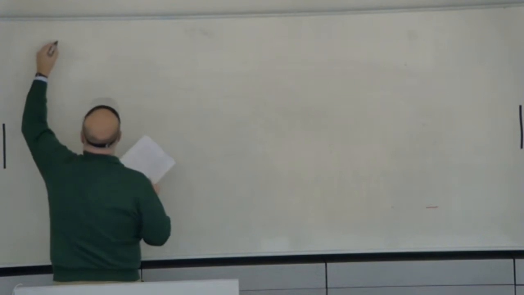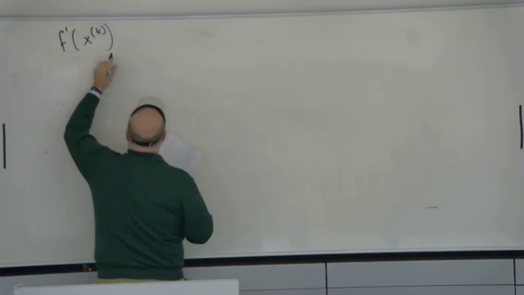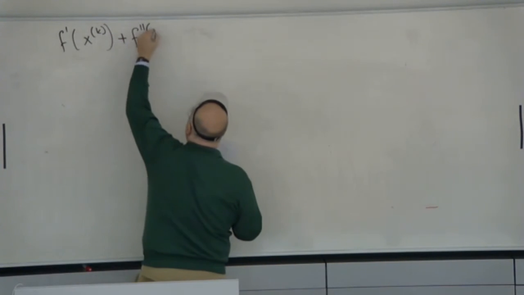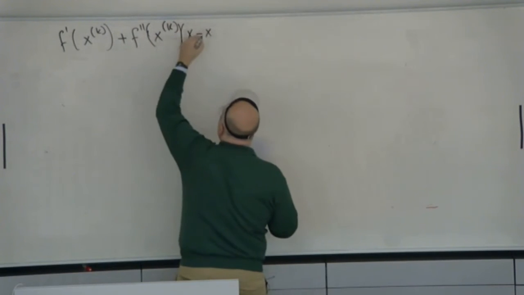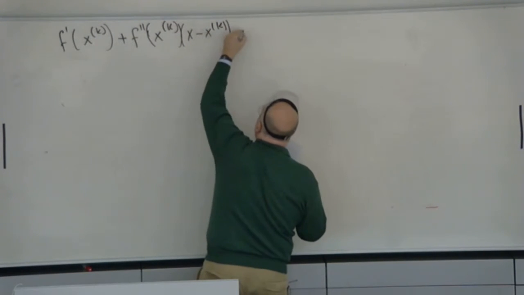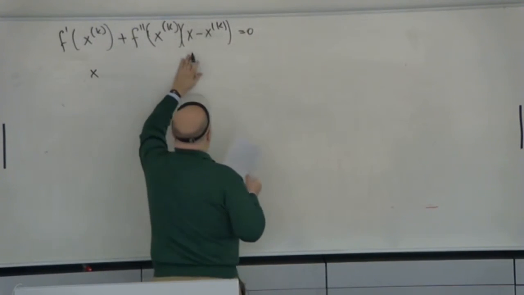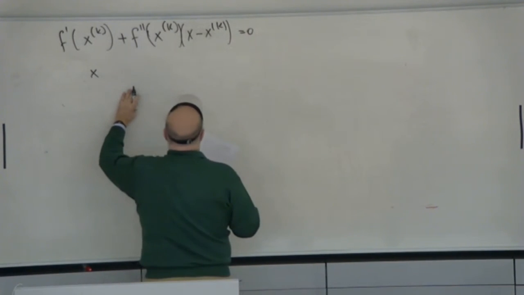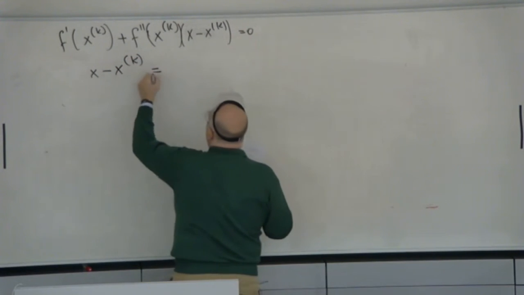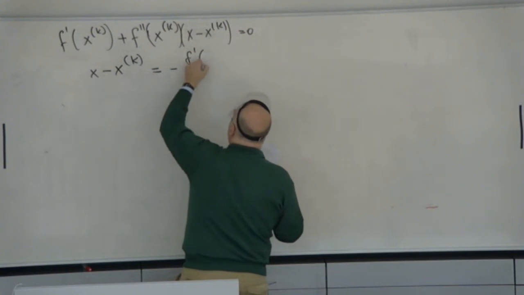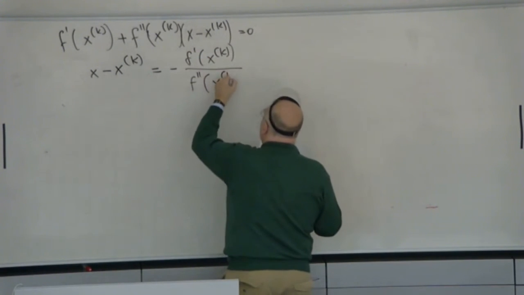Okay, so we have f prime at xk plus the second derivative at xk times x minus xk equals 0. And from this, if we solve, we get that x minus xk equals negative f prime at xk over the second derivative at xk.